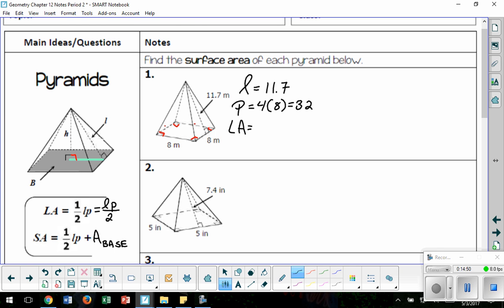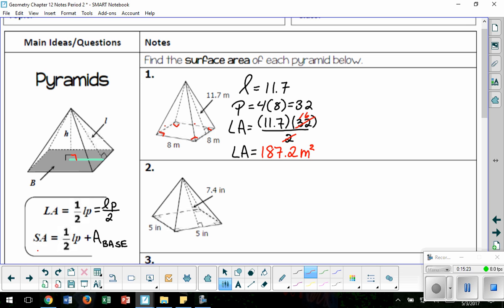So the lateral area is 11.7 times 32 divided by 2. Okay. So my lateral area is equal to, this goes into that, 16. What's 11.7 times 16? Somebody. Anybody. Okay, great. 187.2.